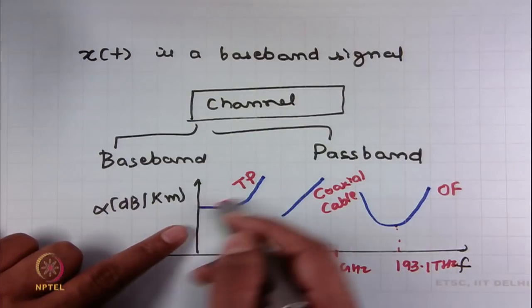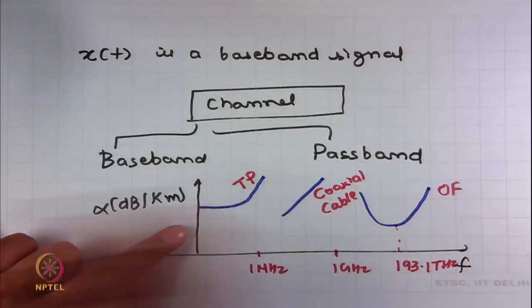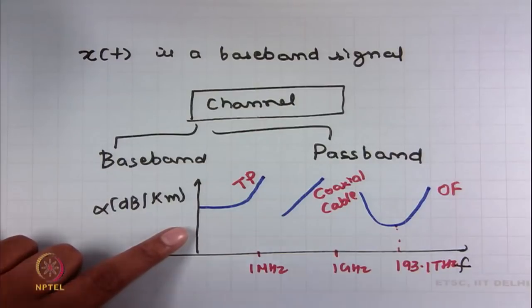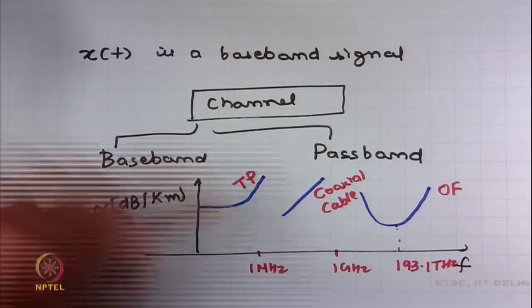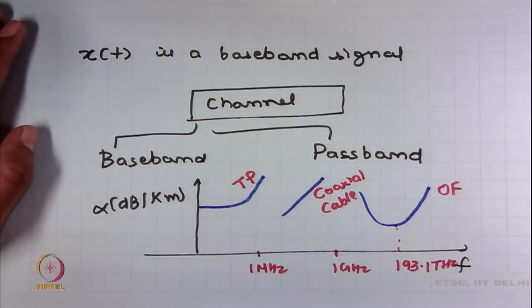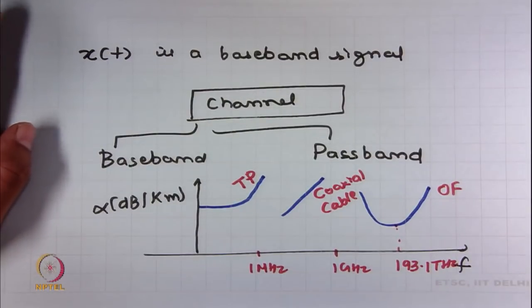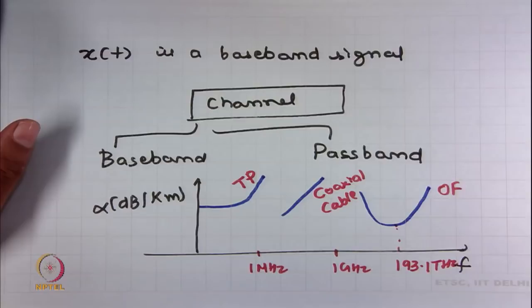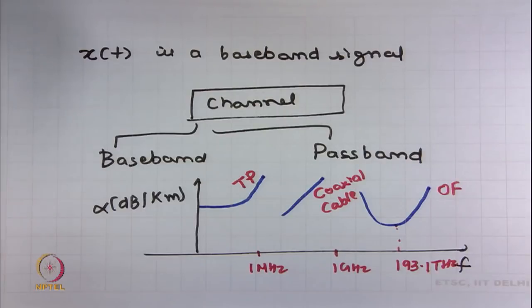It can transmit the frequencies at around DC as well, and thus this is a baseband channel, but it also supports ideas like discrete multitone modulation, where it uses the ideas of passband communication. So, the bottom line is that you have both kinds of channels, baseband and passband. Passband channels are becoming more important because they support higher data rates, and thus most of the communication is becoming passband communication.